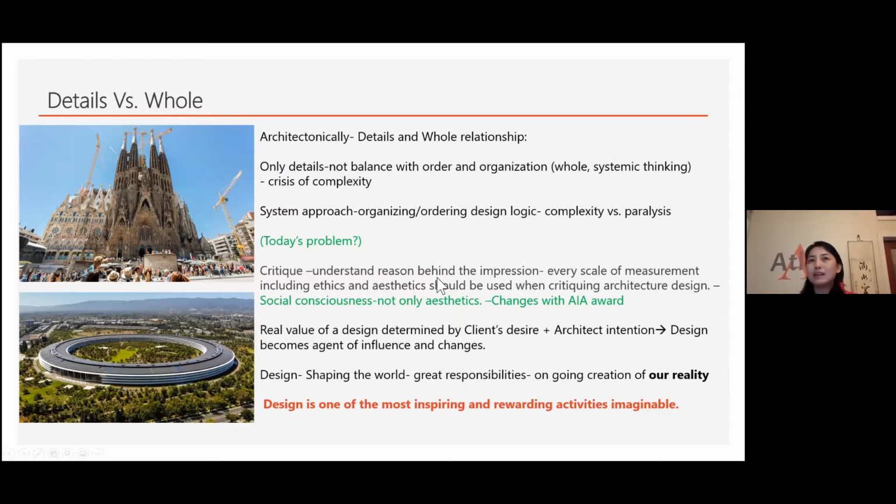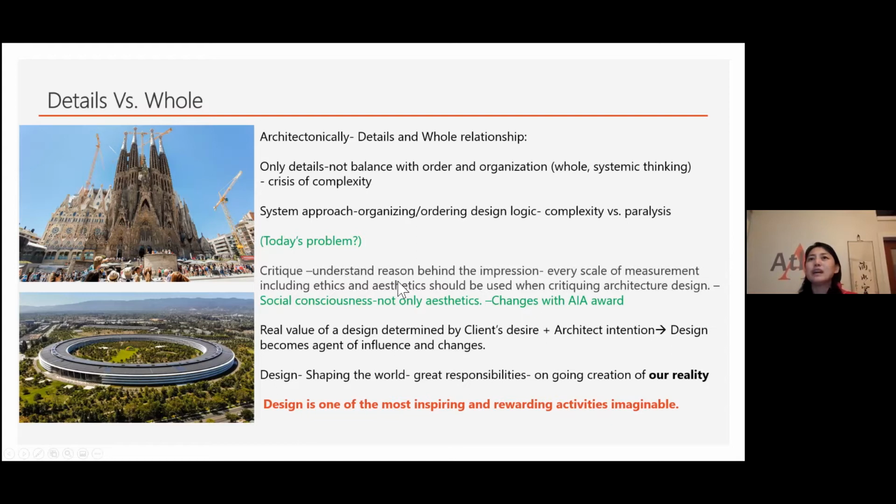So a systematic approach is very important, organizing and ordering the design logic. So we can create this complex organization, but not be confused and get lost. And I wonder, this is the current problem with all the information we have. It's all details, but we don't have a system or whole. That's why we are kind of lost in today's society.